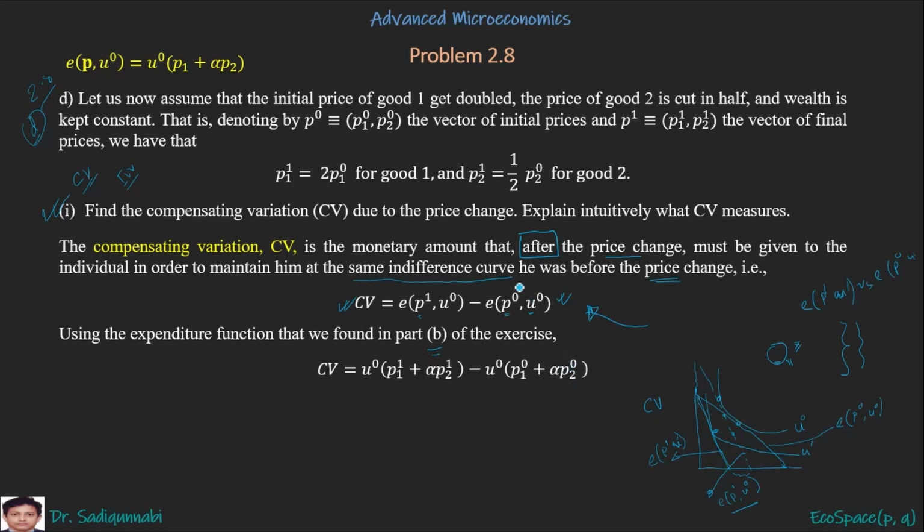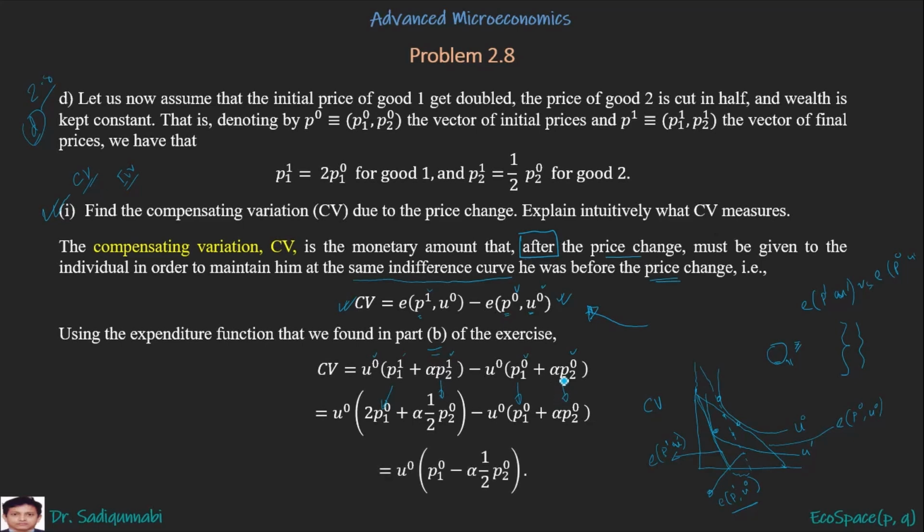Here the superscript 0 and 1 are for price, and U0 is the utility. So this can be converted into this. Why? Because we know that P1 is doubled and P2 is halved. Okay, and now we simplify this into that equation. So this is the result for problem 2.8 part D1.